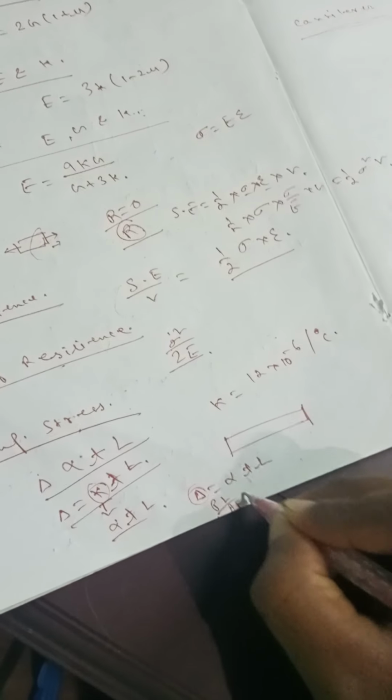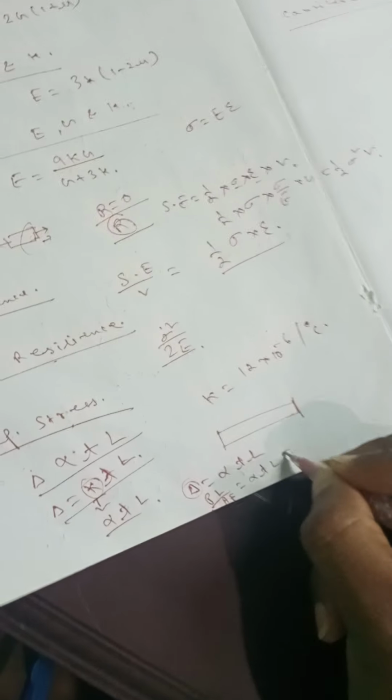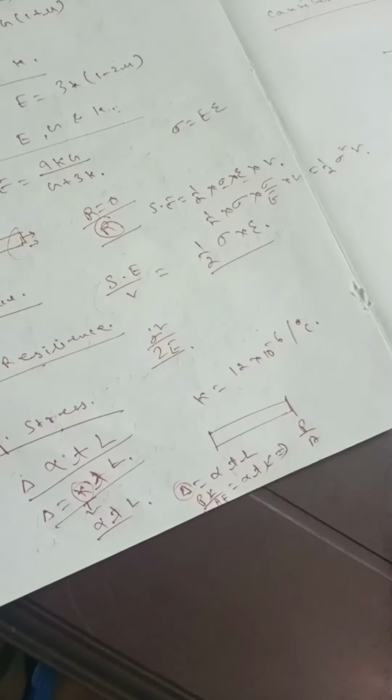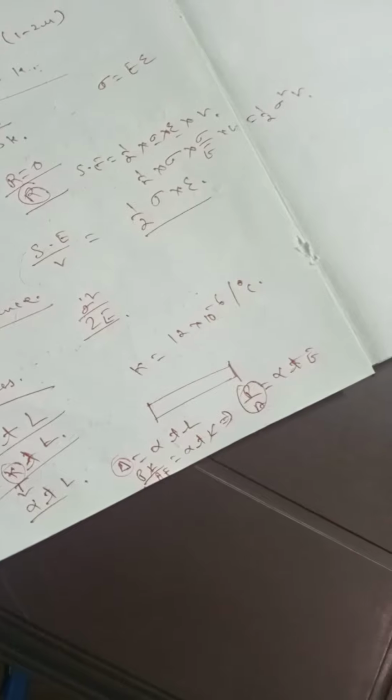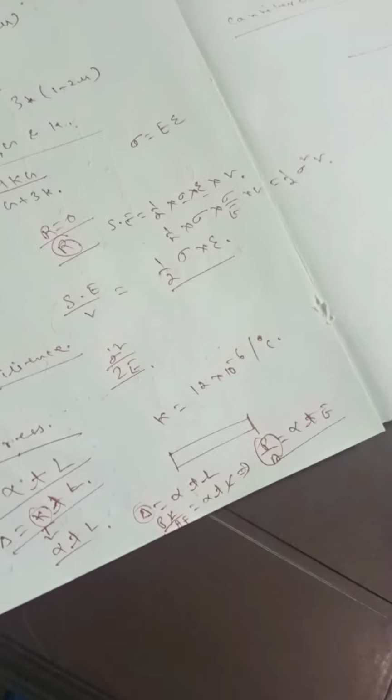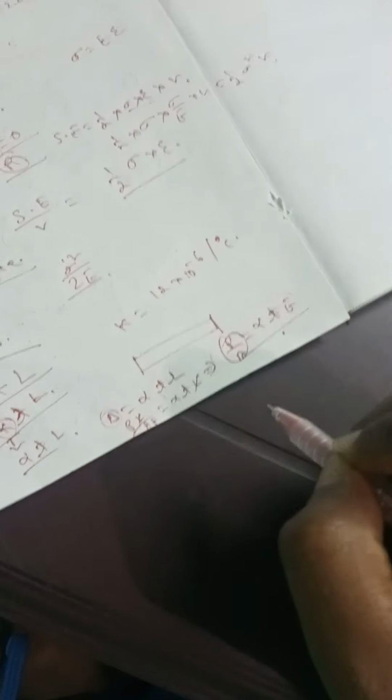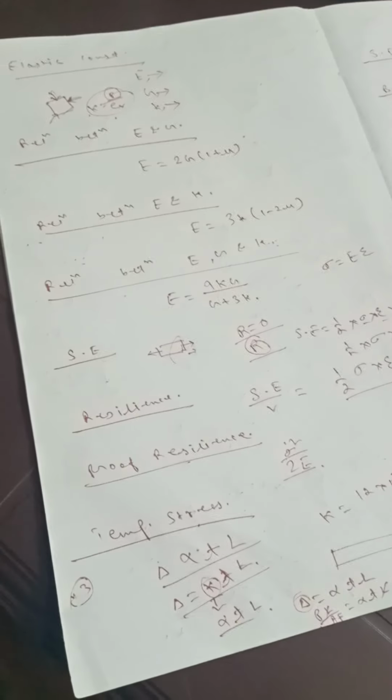So PL by AE equals alpha into T into L. From there you can find P by A. The L will be cancelled, so P by A will be alpha into T into E. P by A, load by area, is nothing but stress. This is called temperature stress. So the formula of temperature stress is alpha into T into E. Okay.